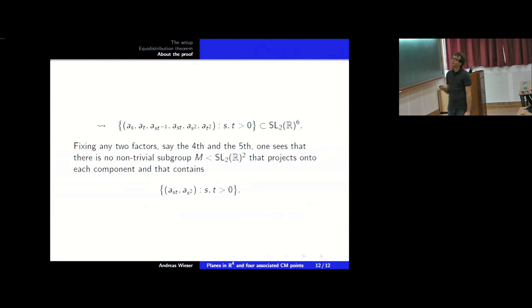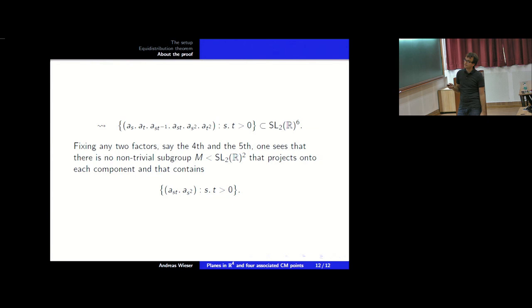And so for the joinings classification, what we need to see is that for no pair of these can I find an algebraic subgroup that projects onto each factor and contains the diagonal group, okay? So explicitly, let's take for instance the fourth and the fifth, or whatever.